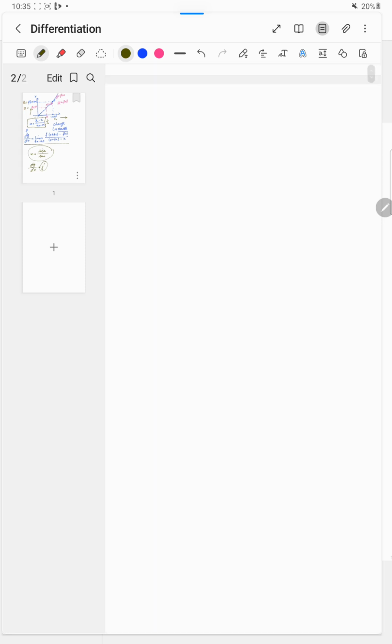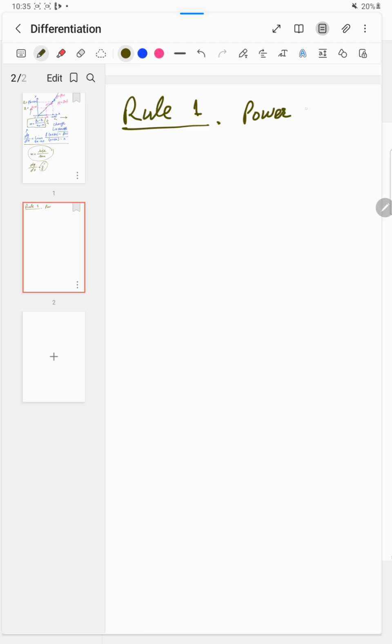Okay, next we define the rules of differentiation. Rule number one is called the power rule. The rule is, let's suppose we have a function y equal to x raised to the power m, and we want to find the derivative of this function.